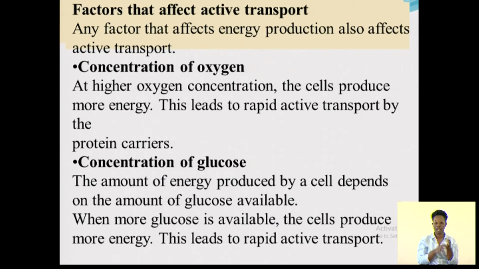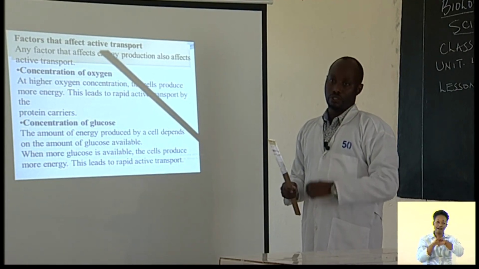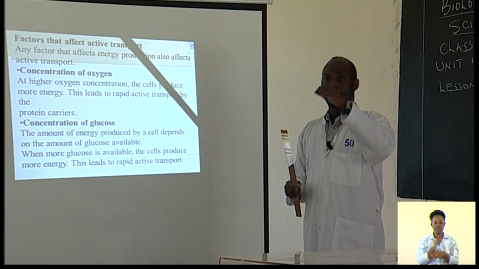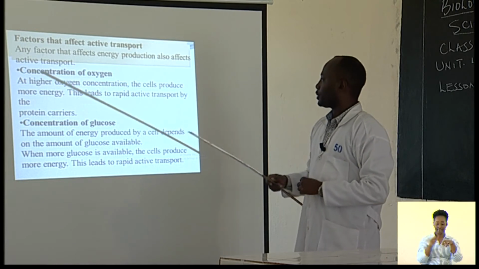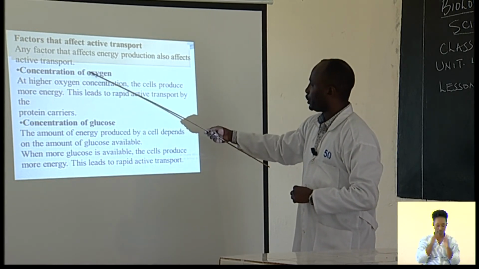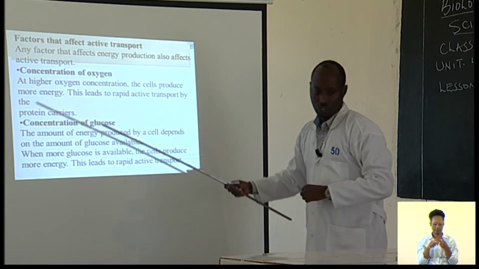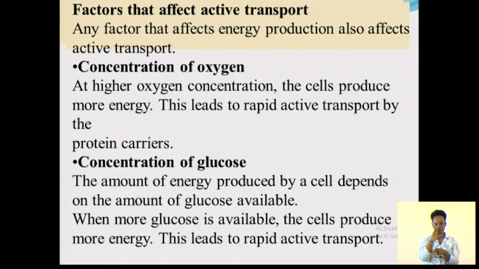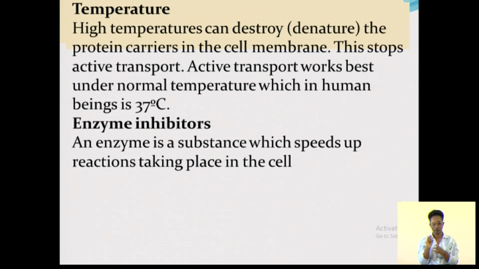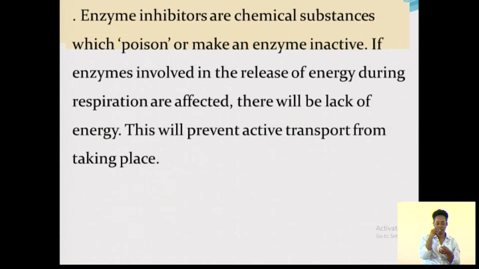So simply, if it uses energy, it means there must be some factors that can affect active transport. A number of factors can affect active transport: we have concentration of oxygen, concentration of glucose, temperature, enzyme inhibitors, and so on and so forth.